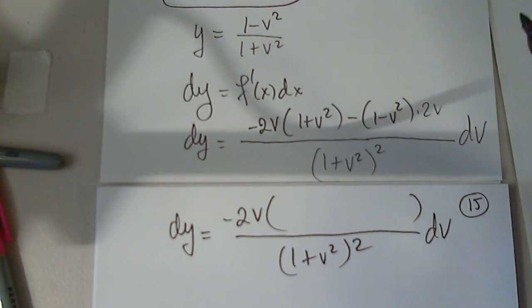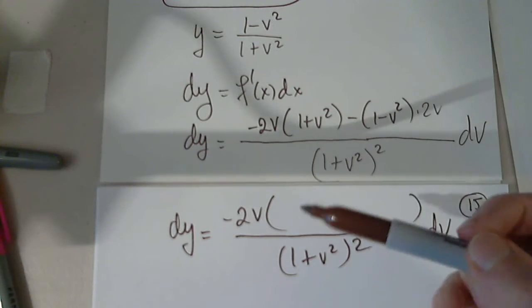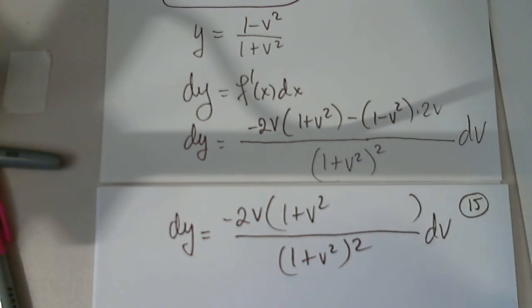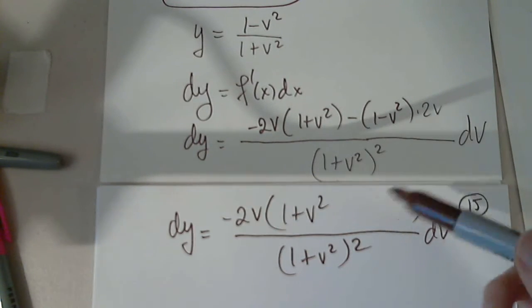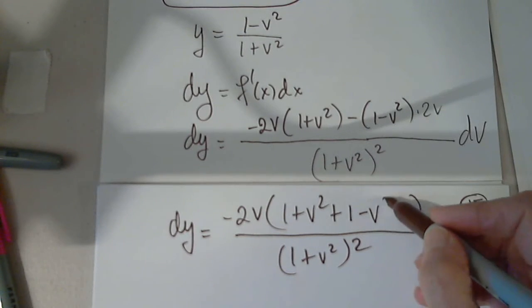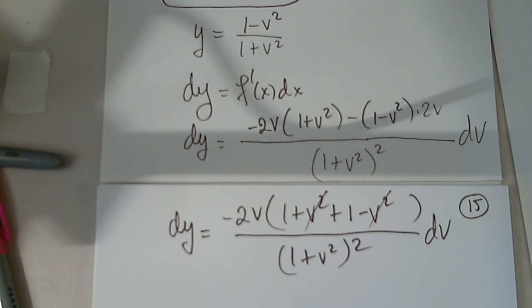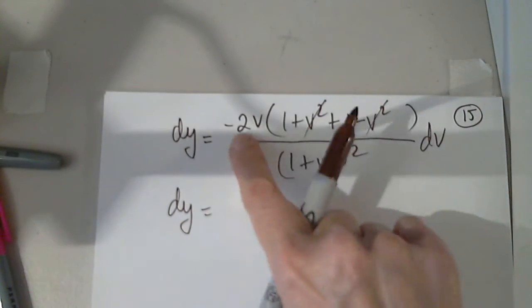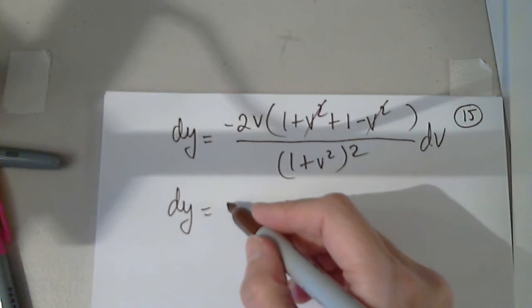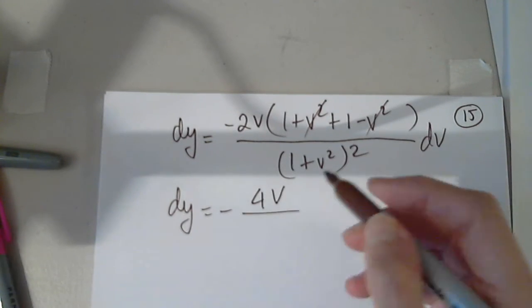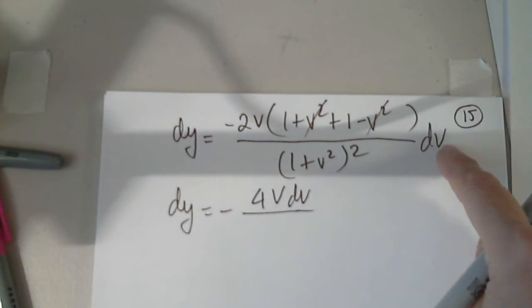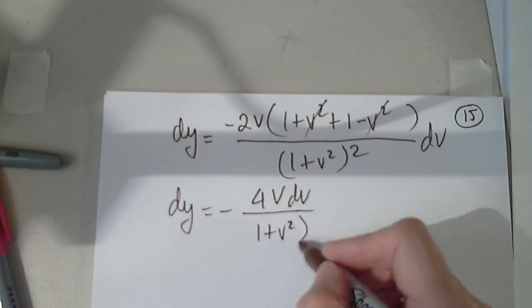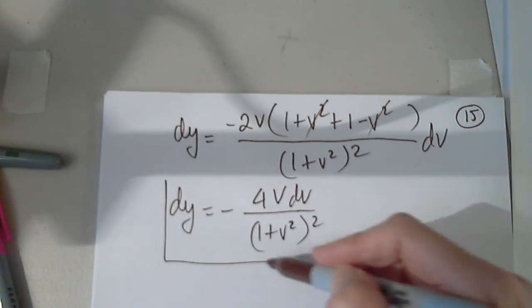Okay, so I took out negative 2v, so I have 1 plus v squared. I took out 2v and negative, so it's plus 1 minus v squared. So the differential of this function is negative 2 times 2 inside is negative 4v dv from here over 1 plus v squared squared.